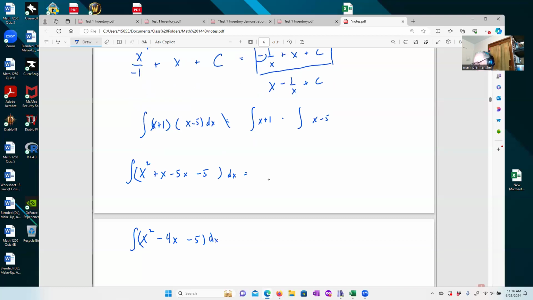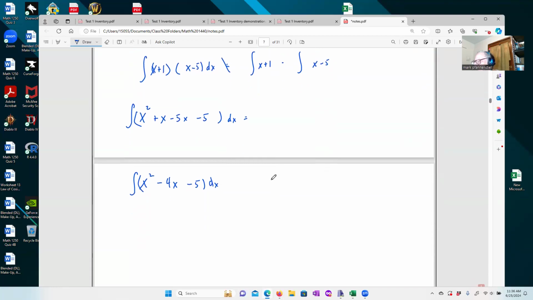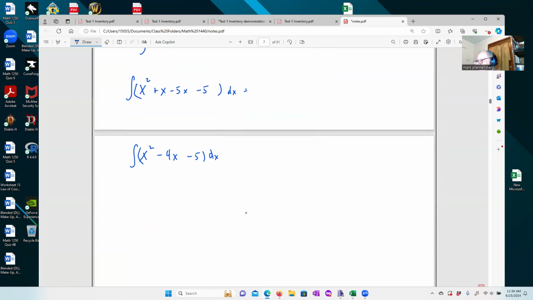And we're going to go ahead and do our dx that way. Okay, so let's go ahead and integrate. Now, see, now we have functions that we are used to integrating. That's pretty much the whole thing for this first section. We're going to turn anything that looks unfamiliar into something that looks familiar.